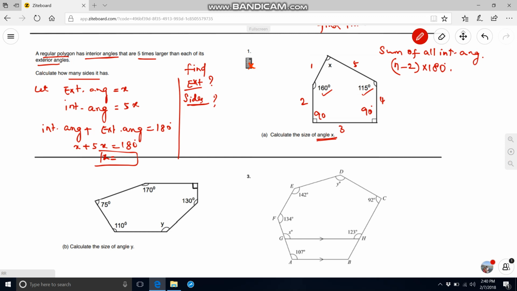Replace n by 5 because you have 5 sides here, which is 5 minus 2 times 180, gives you 3 times 180 equal to 540. So whatever angles are given, add up and take away from 540 to get the x value.